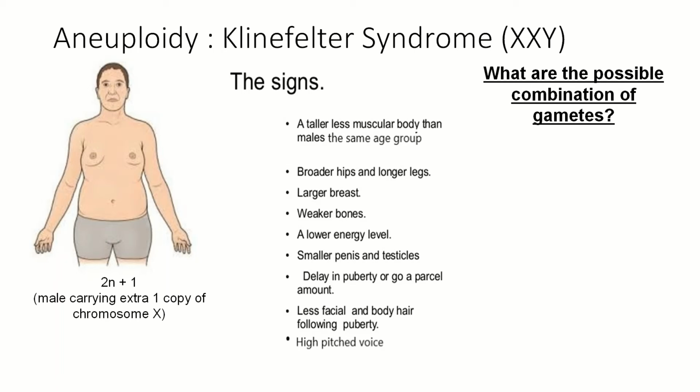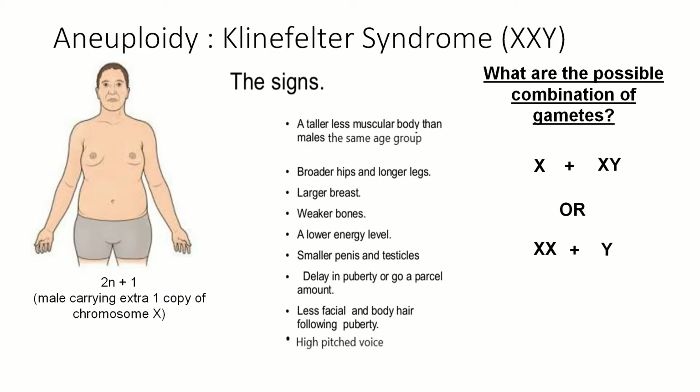So what are the possible combinations of gametes that produce a Klinefelter syndrome child? It can either be from the combination between a normal secondary oocyte with an abnormal sperm carrying XY chromosomes, or an abnormal secondary oocyte carrying XX chromosomes and a normal sperm carrying Y chromosome.